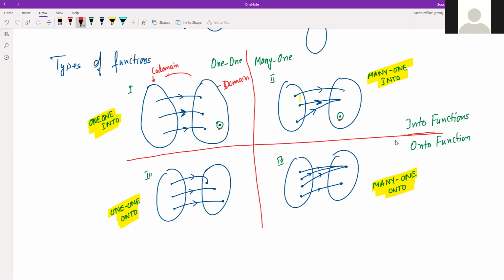And if that is the case, this element has an image, this element has an image, this element has an image, but this element won't have any image.